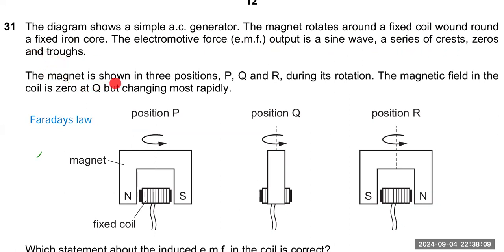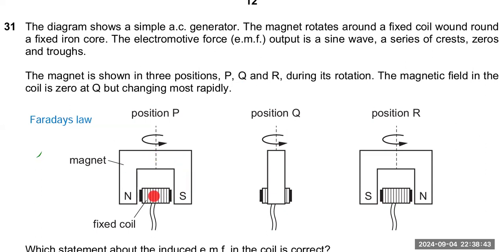The magnet is shown in three positions P, Q, and R. During its rotation, the magnetic field in the coil is zero at Q, but changing most rapidly. Remember that the question is that you are using this diagram of an AC generator. This is the fixed coil wound around the soft iron core, I think.